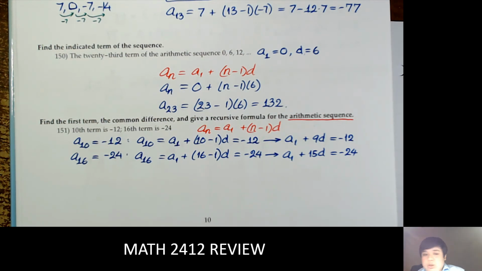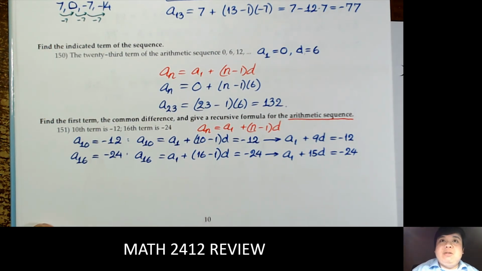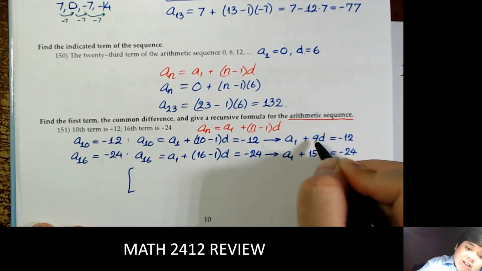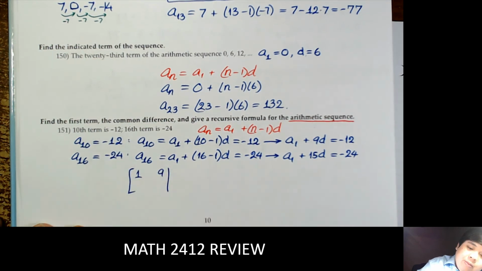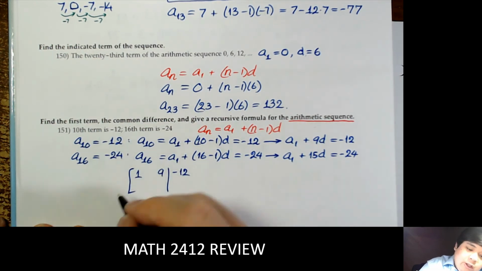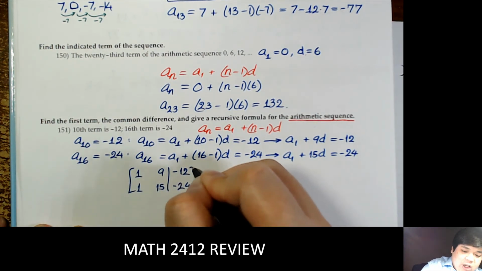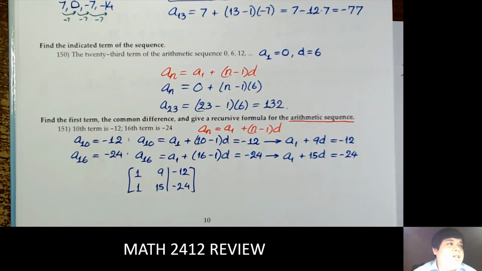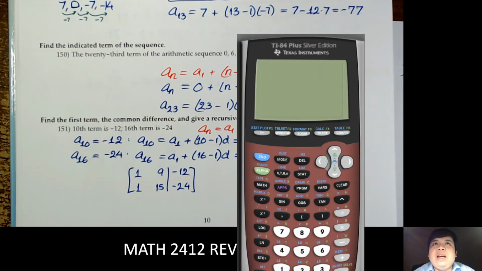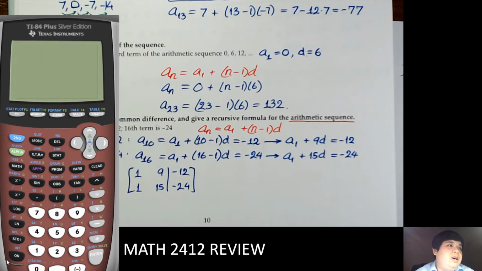Right. By the way, if we want to use the matrix like we did before, it's perfectly fine. So again, the matrix 1, 9, negative 12, 1, 15, negative 24. A 2 by 2 we can just do by hand, but let's use a calculator here. Second matrix, reduced row echelon form. 2 and 3.